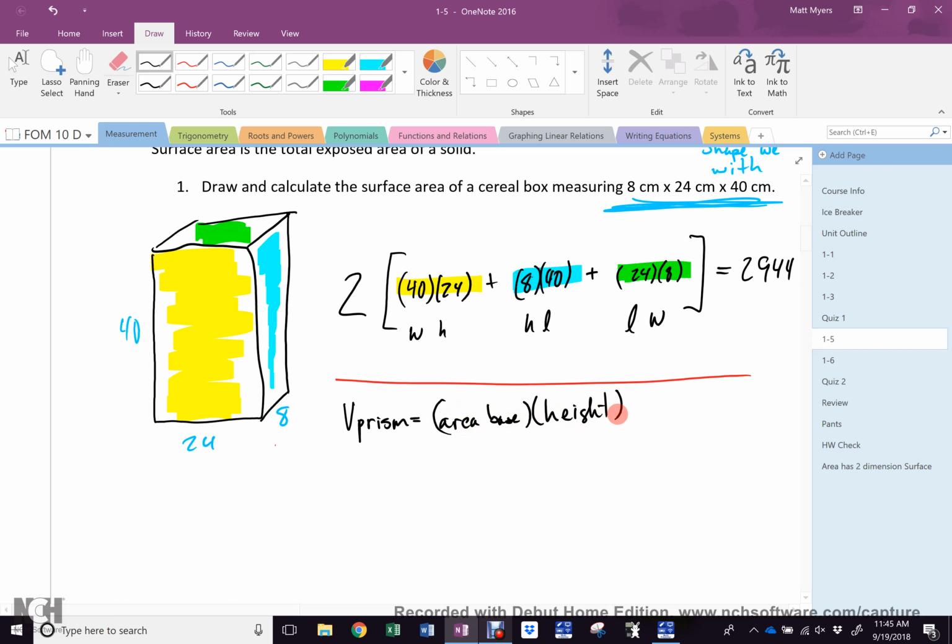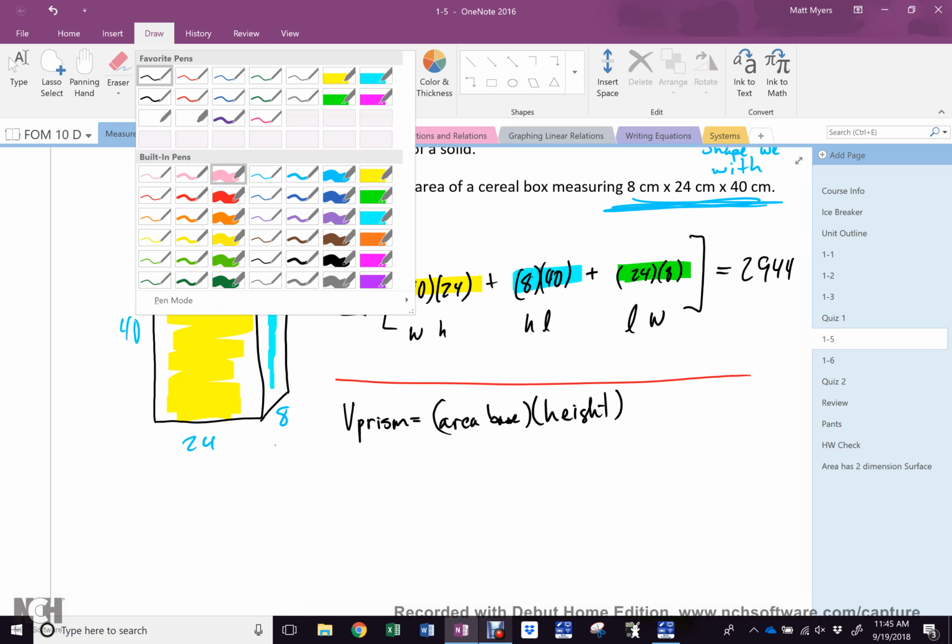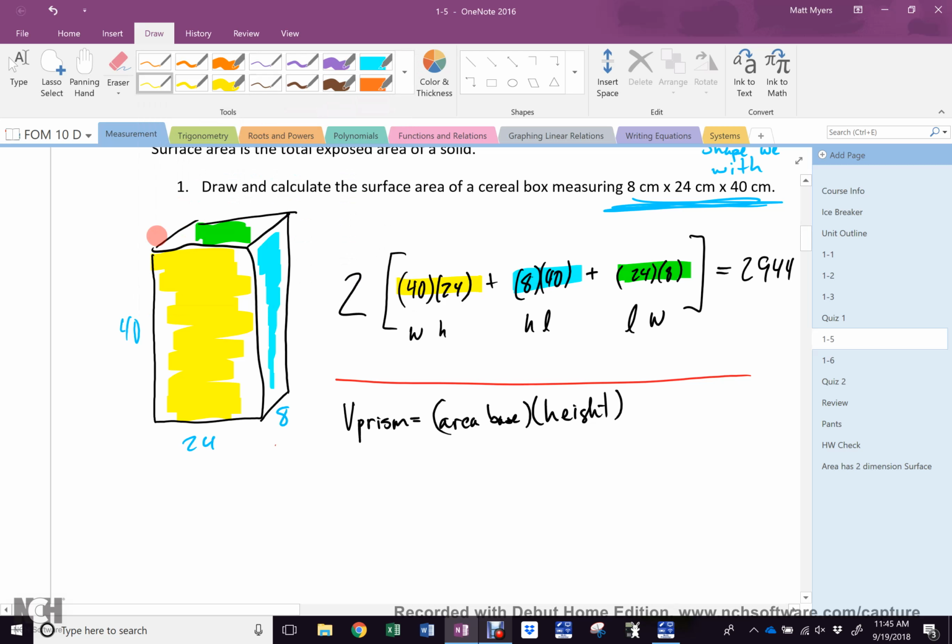Who chooses what the base is, if there is more than one option? You do. Could the base of this box be the yellow rectangle? It could, couldn't it? So what would be the area of that yellow rectangle, the way we've drawn it there? Don't look at your paper, use mine.